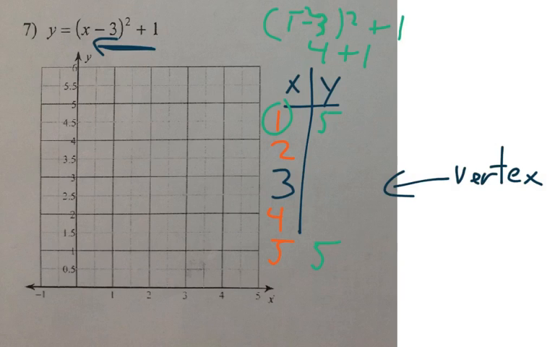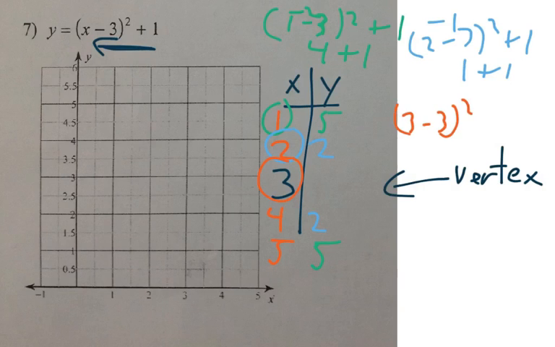Next, in blue, 2 minus 3 squared plus 1. That's negative 1, but when I square it, 1 plus 1 is 2. By symmetry, 4 is also 2. And finally, the vertex is 3. And again, notice, guys, with 3, I know 3 minus 3 is 0, right? So I'm going to get 0 squared, or 0 plus 1, which is 1.